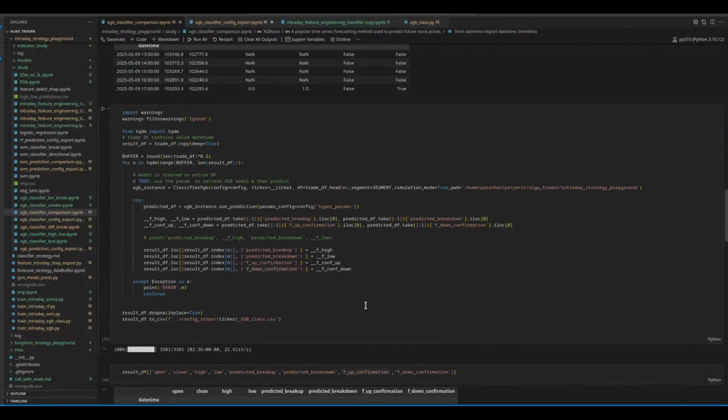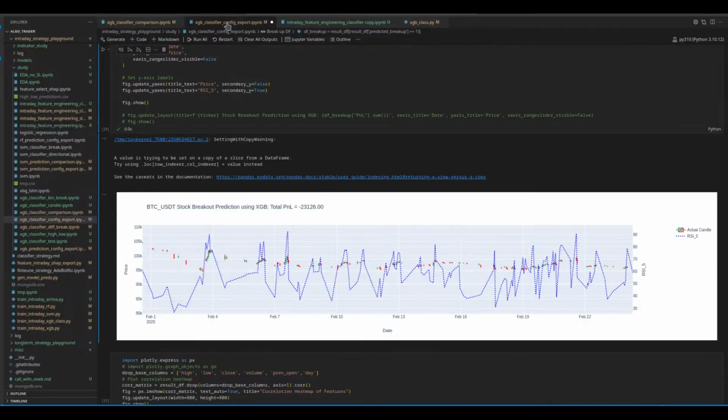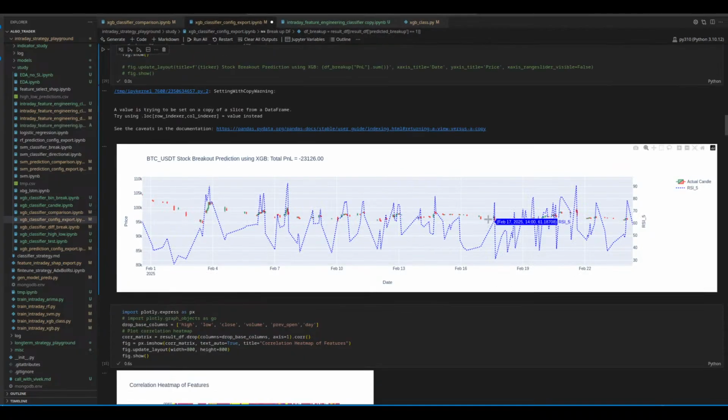So rather than sending a final confirmation from the model, I'll add a prediction probability score and send it along. So later when I carry out the PNL analysis, I can filter out the candles with low prediction probability and try to remove the noise.